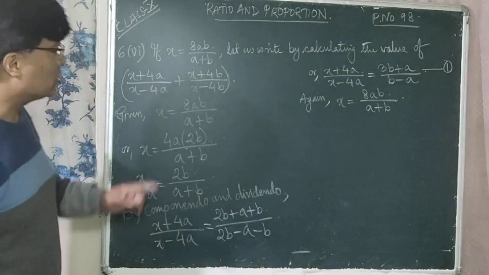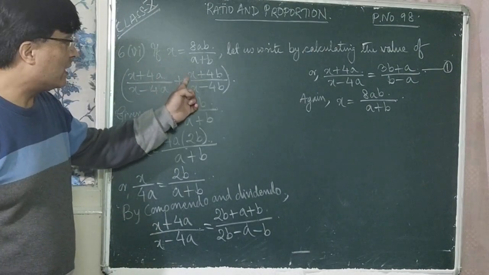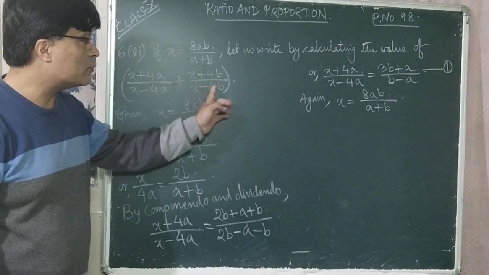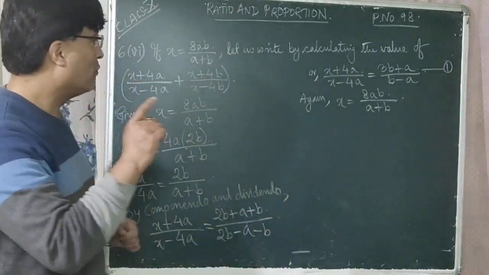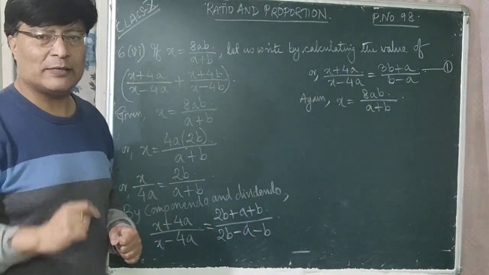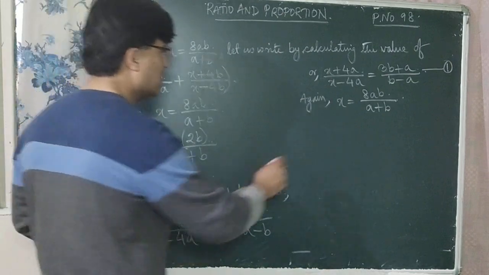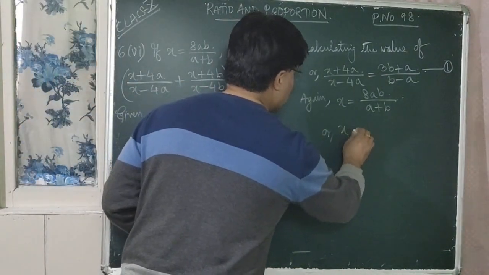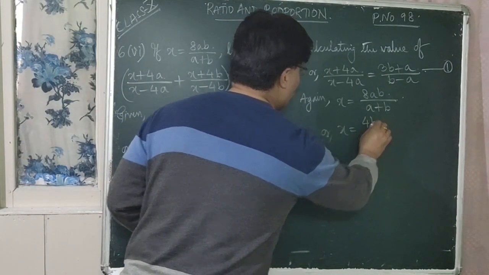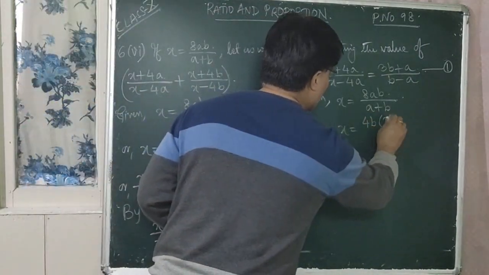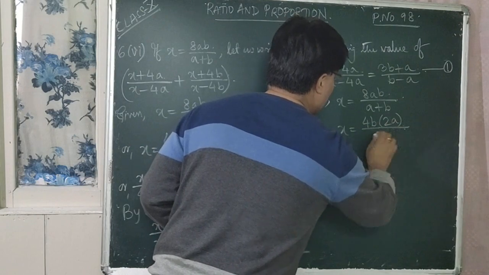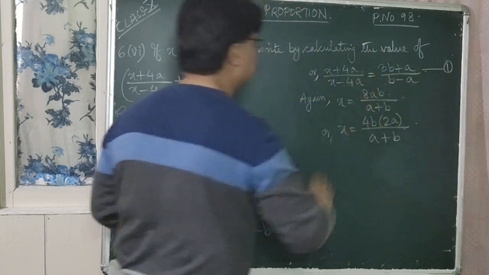Now let us separate this 8ab in terms of 4b. 8ab is 4b into 2a. You know that, isn't it? So x is equal to 4b into 2a, whole divided by a plus b.